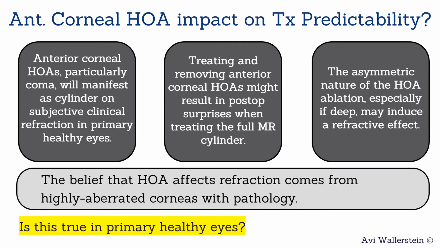Treating and removing anterior corneal HOAs might result in post-op surprises when treating the full MR cylinder. And this asymmetric nature of the HOA ablation on the cornea, especially if deep, may induce a refractive effect. However, these assumptions come from observations stemming from highly aberrated corneas with pathology. Does this hold true in primary healthy eyes with a lower range of aberrations?